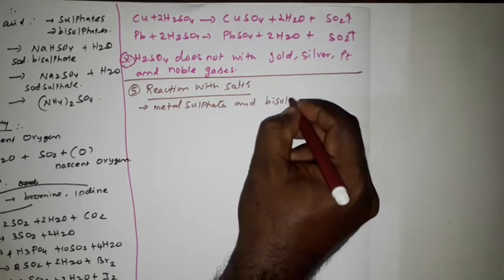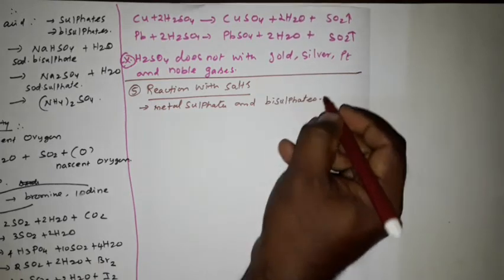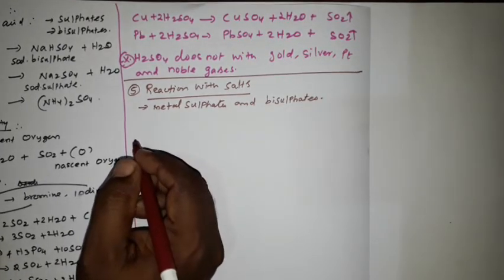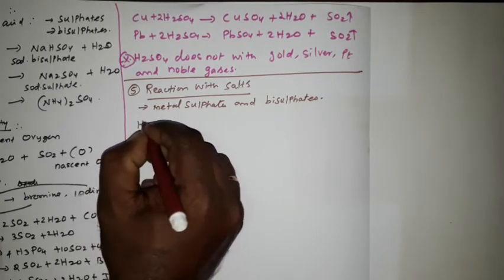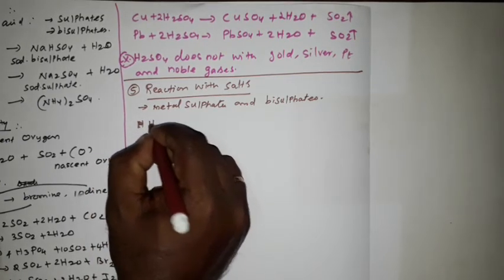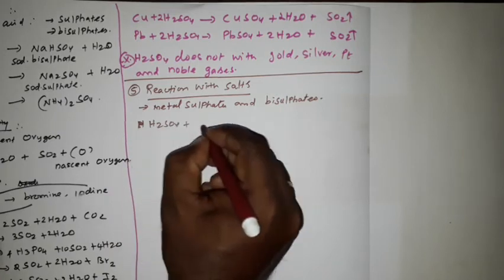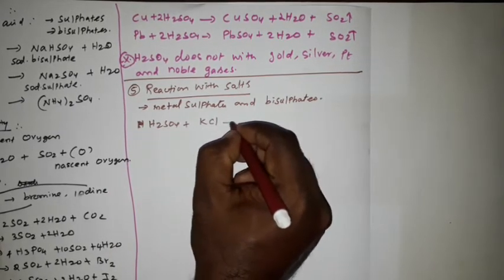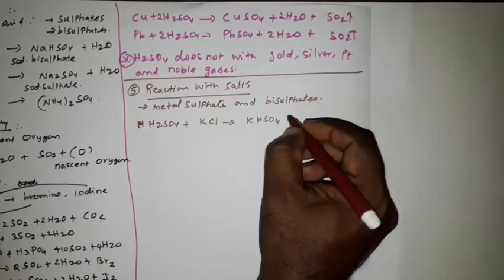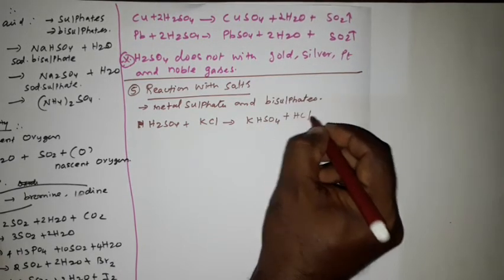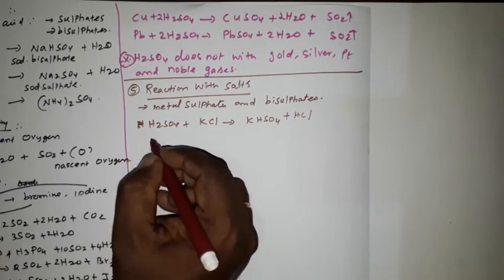Okay, example: when H2SO4 reacts with its salt potassium chloride, it will produce potassium bisulfate, KHSO4, plus HCl.